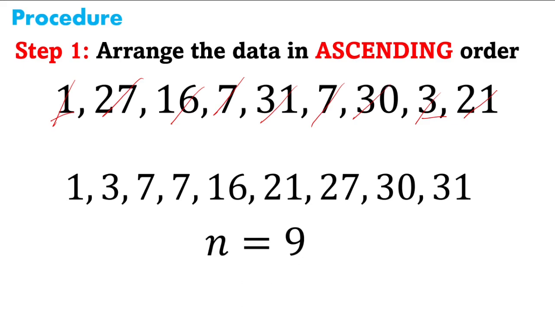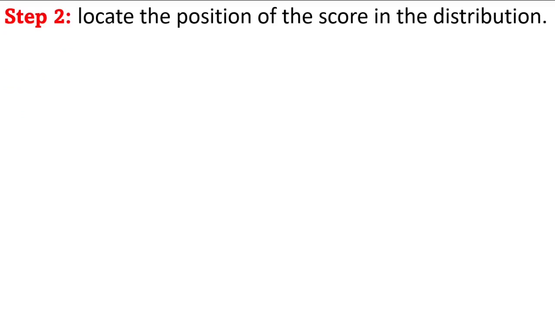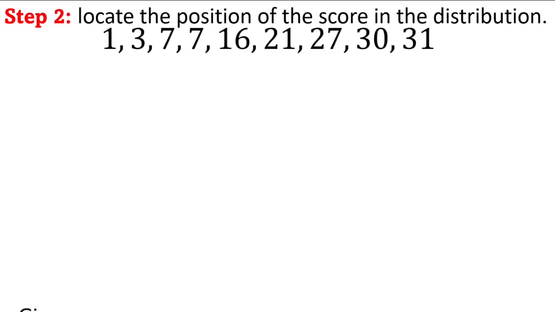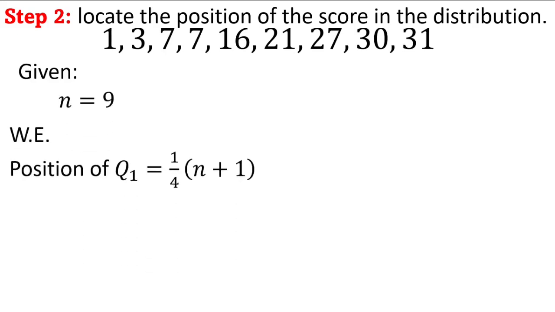After arranging it, identify the total number of the given data. So we have 9, so n is 9. How do you know that it is 9? 1, 2, 3, 4, 5, 6, 7, 8, and 9. Next, locate the position of the score in the distribution. Again, we will be using n is 9, and we will be using 1/4 of the quantity of n plus 1 for the first quartile or the lower quartile.